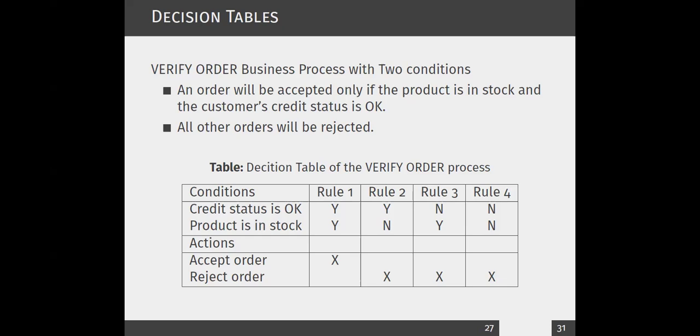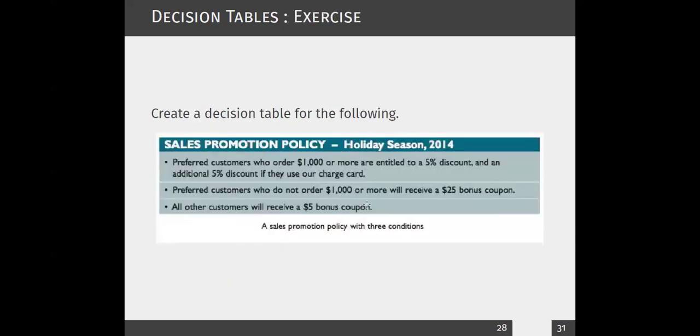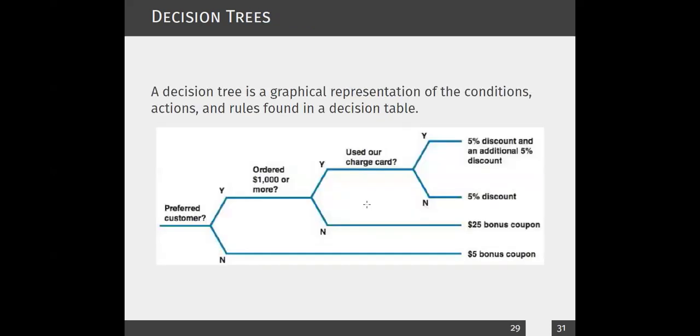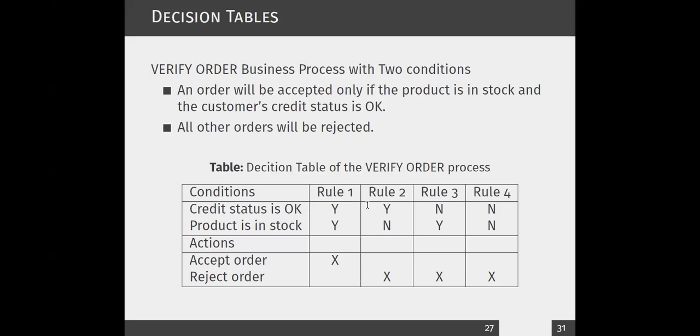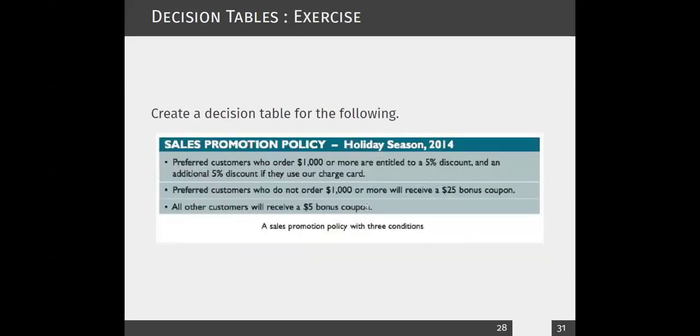Now we covered two things, structured English. Second one, we have a decision table. So let's move to the next one, right? Okay, so the third one, okay, sorry. Before the third one, okay, we have an exercise. Sorry about that. Okay, so you have been given an exercise. Let's see how we can handle this, right?